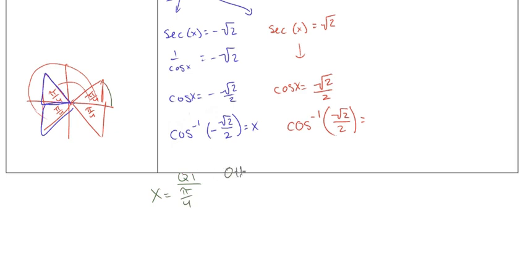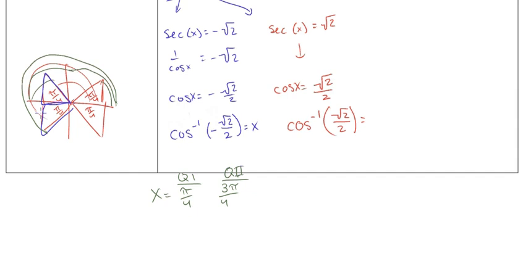In quadrant 2, it's pi minus pi over 4, so 3/4 pi, or 3 times pi over 4.